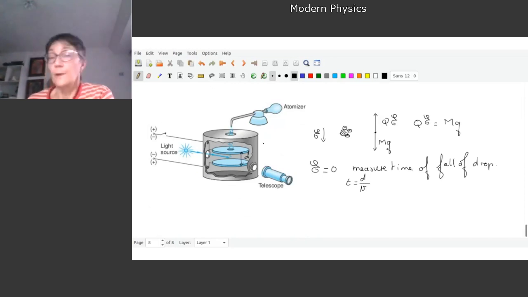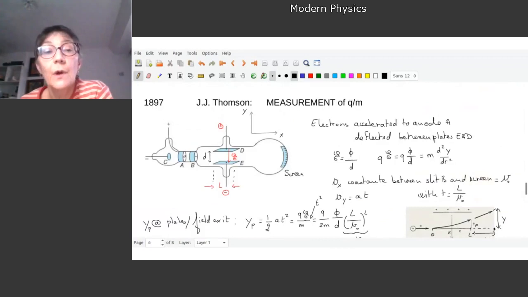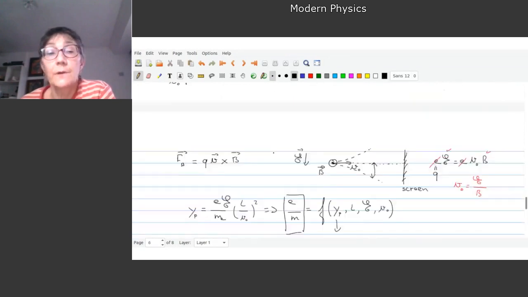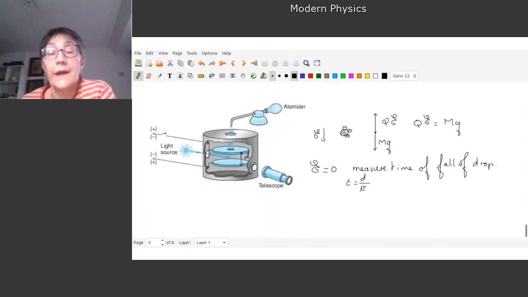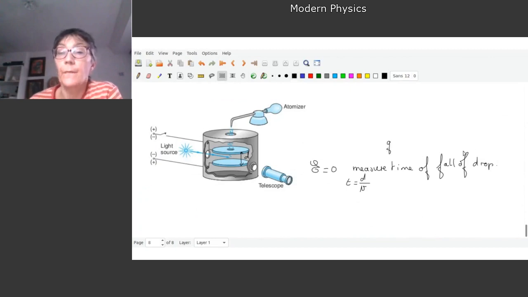This is not the same thing as in the Thomson experiment, where you don't have a gas. Here you have air, essentially, and so you will have forces of friction with air. I will take it and do it again.